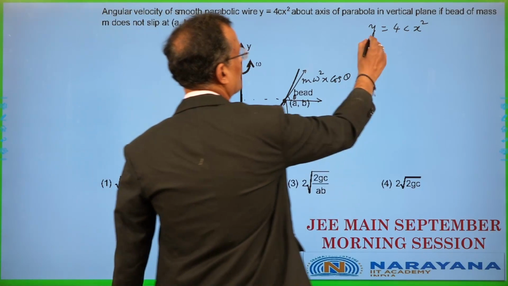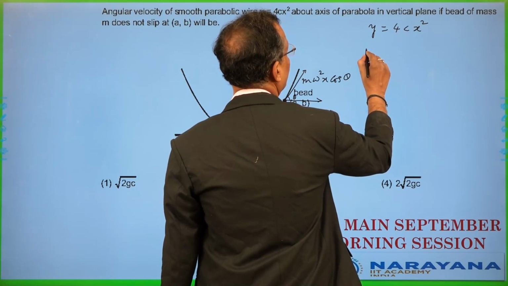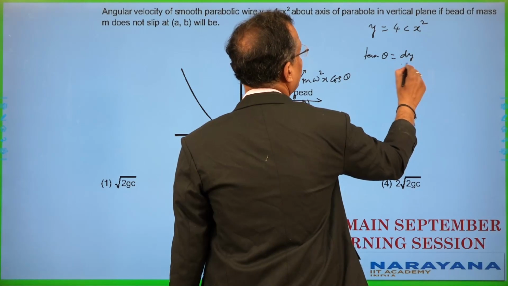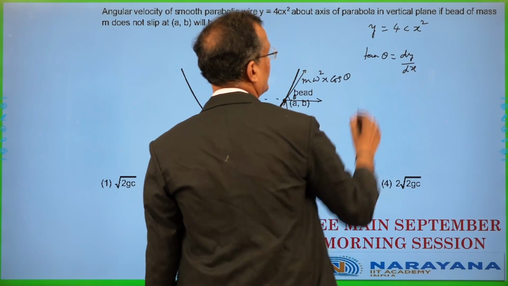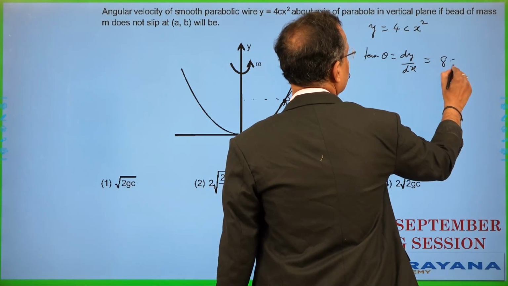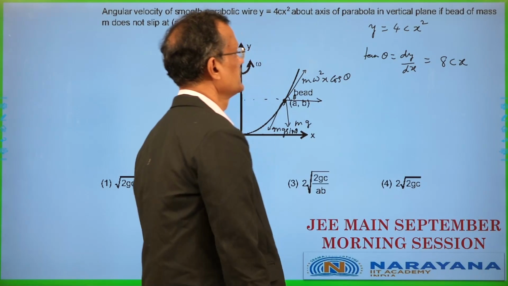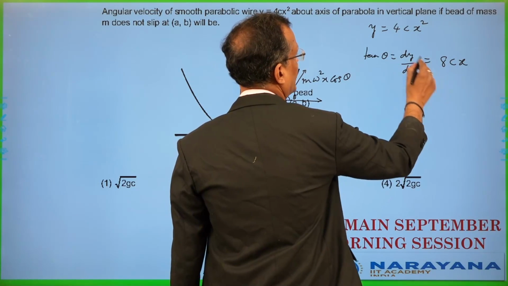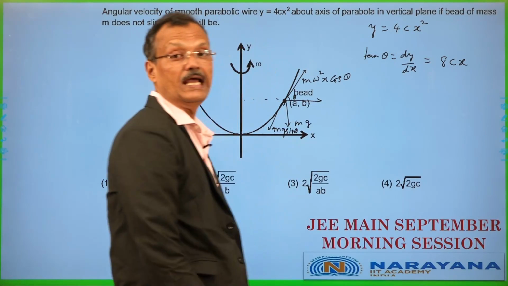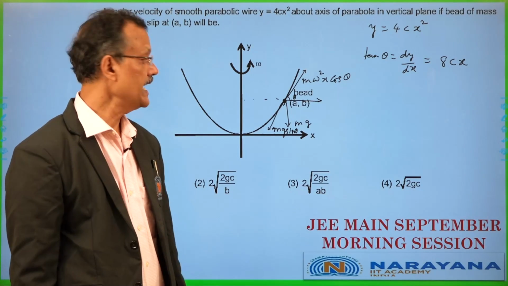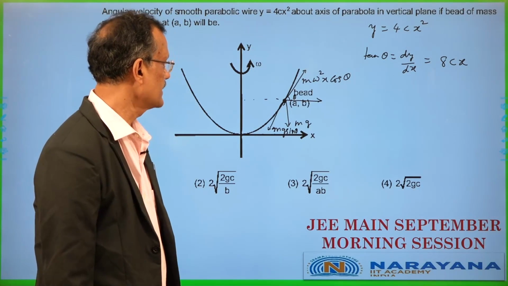So from here first take the slope, tan theta equals dy by dx. How much are you getting? 8cx. Actually, you are differentiating with respect to x: 4c is constant, x squared differentiates to 2x, so 8cx, that's tan theta.